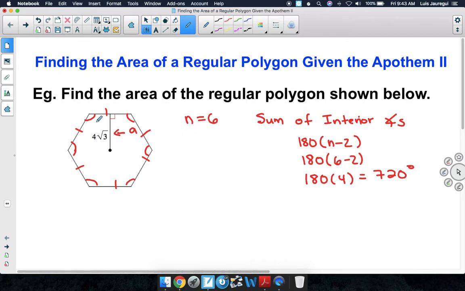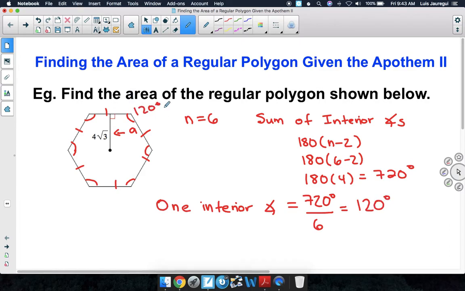But since we are dealing with a regular hexagon, we know that we have 6 congruent interior angles, so we can figure out the measure of one interior angle. One interior angle measures simply 720 degrees divided by the number of angles, which in this case is 6. And 720 divided by 6 is simply 120 degrees. So each one of these particular angles measures 120 degrees.